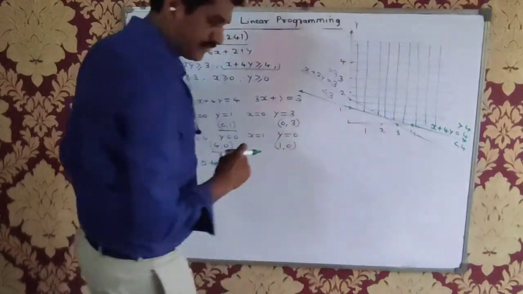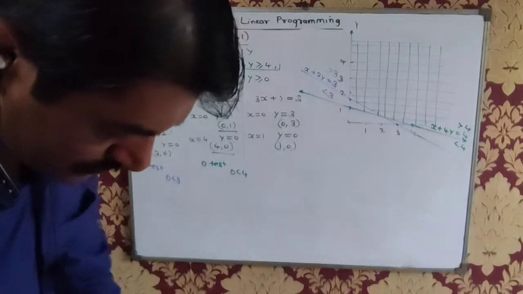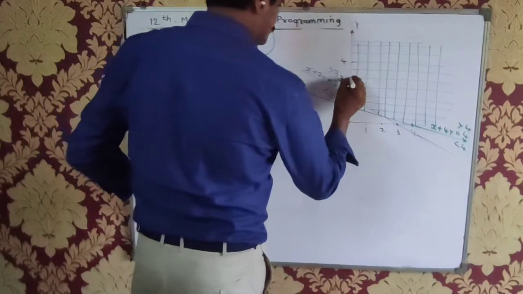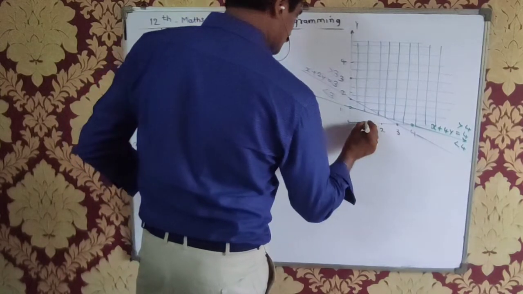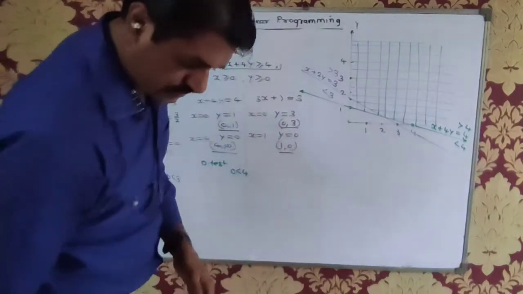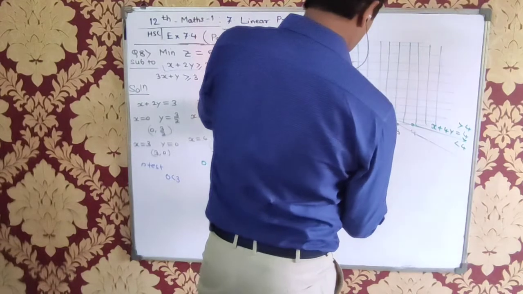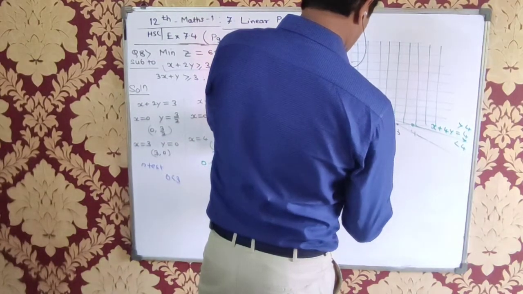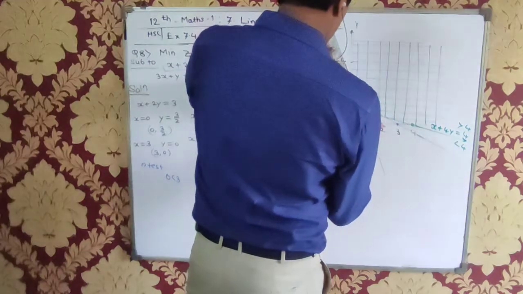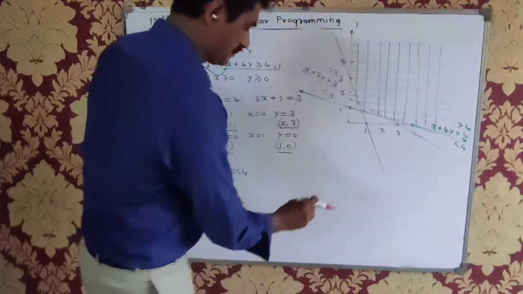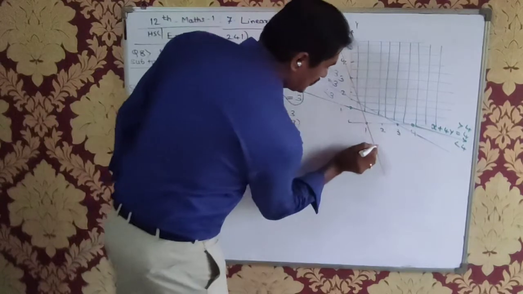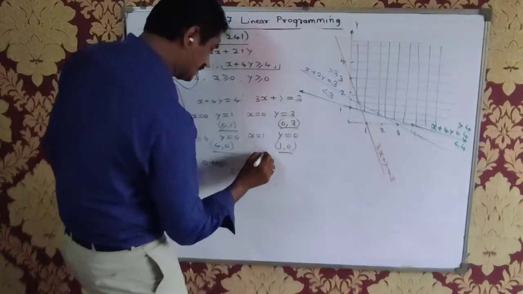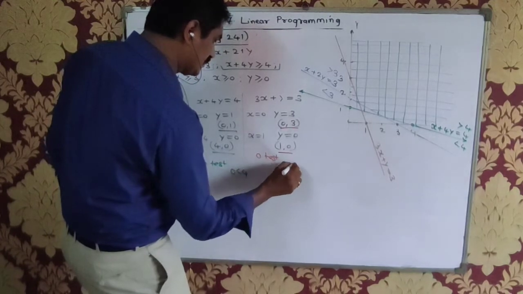Okay. Next. 0 comma 3, 1 comma 0. That is 3x plus y is equal to 3. We will do the origin test. 0 is less than 3.